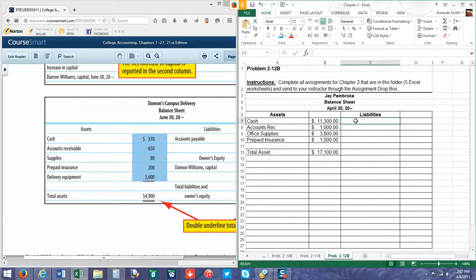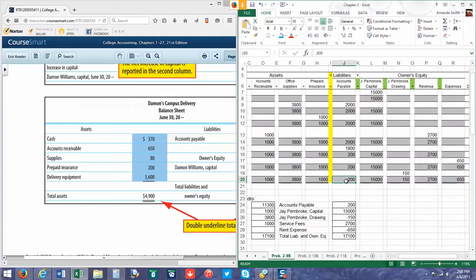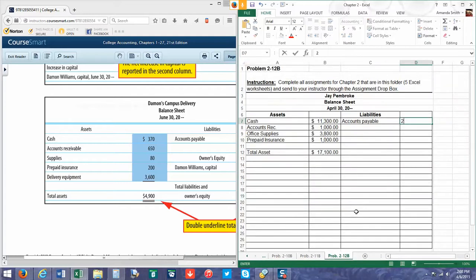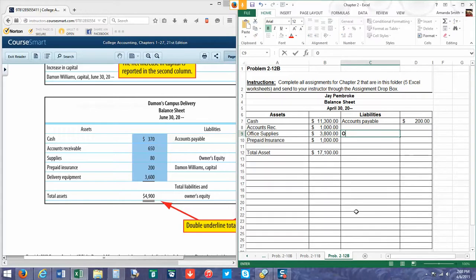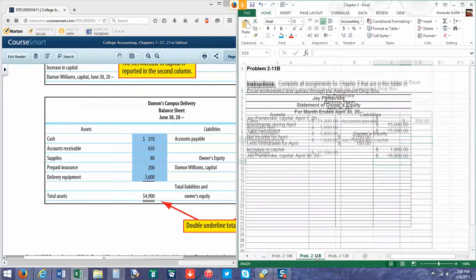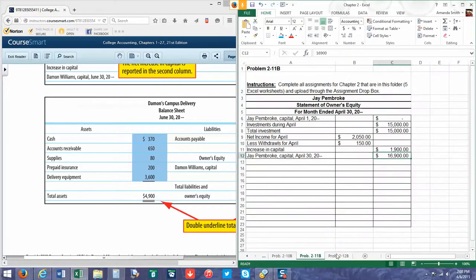So for liabilities, we have accounts payable, and that was $200. And then we're going to have our owner's equity, and then we're going to have J. Pembroke capital. We're going to use the amount from 2-11, which shows $16,900.